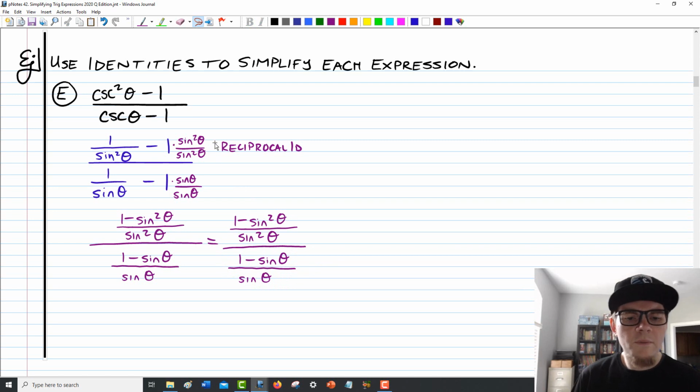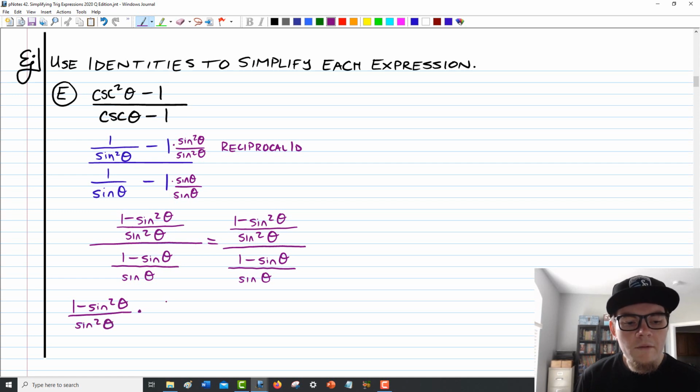Okay, as I look at this expression, I'm trying to find ways that I can simplify stuff out. And nothing's jumping out at me just yet. I'm trying to see what would be a good strategy here. Okay, let's try this. I'm going to treat this as a division problem, one fraction divided by another, and I'm going to rewrite it as 1 minus sine squared of theta divided by sine squared of theta.